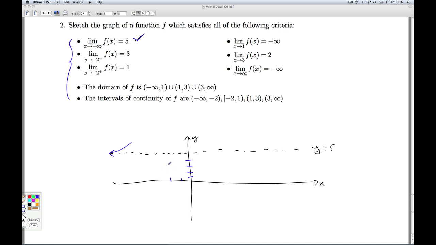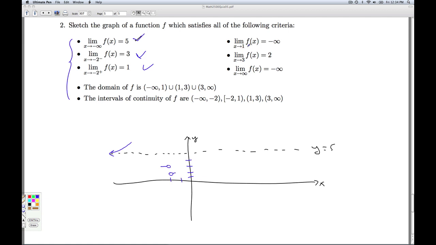Okay, so I don't know if I fill in that or not. Coming in from the right, I'm getting close to 1. So as I come in from the left, I'm getting close to 3, and coming in from the right, getting close to 1. So that takes care of those 2 items.